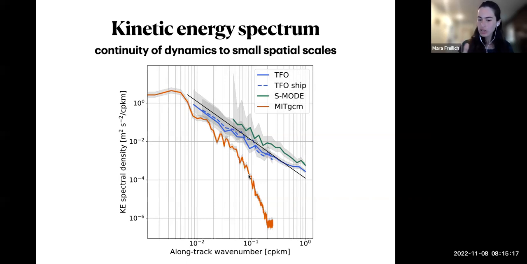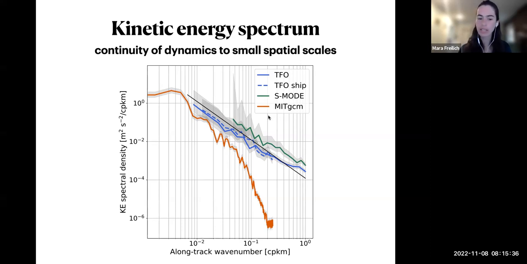And that sort of transition around 10 kilometers, I want to point out, is also kind of the effective spatial resolution of a 2 kilometer model, which is state of the art for global simulations.